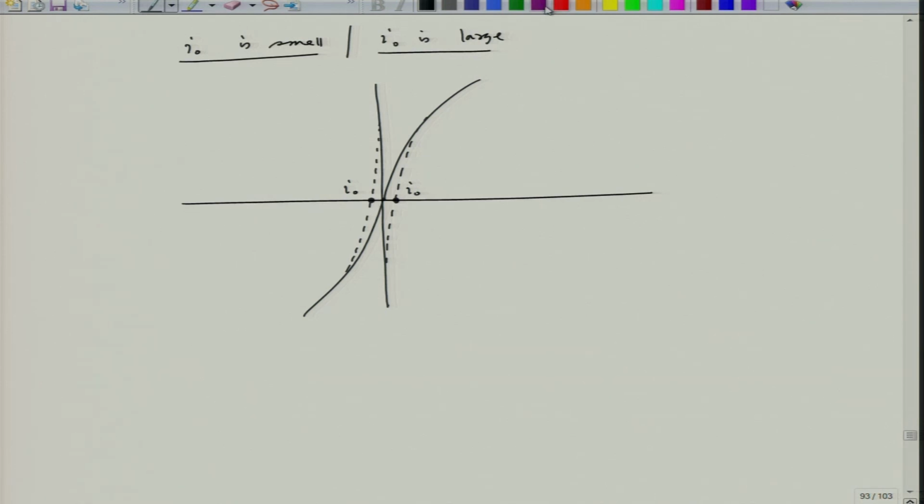In another situation where I 0 is large, this will be much more flattened, so this becomes I A, this becomes I C, and this is the I applied, and in the other case this is I applied, this is I A, this is I C.